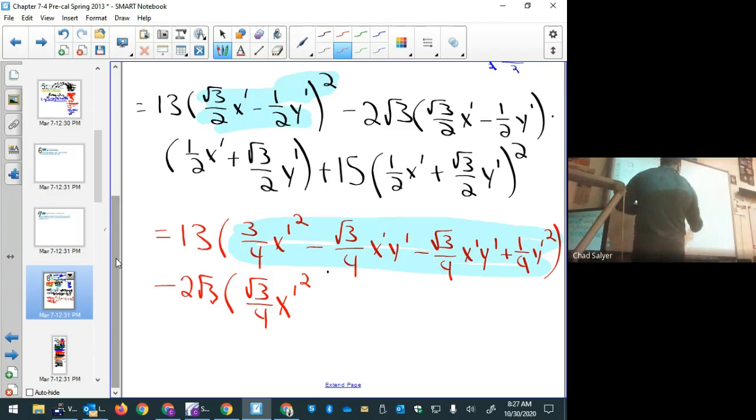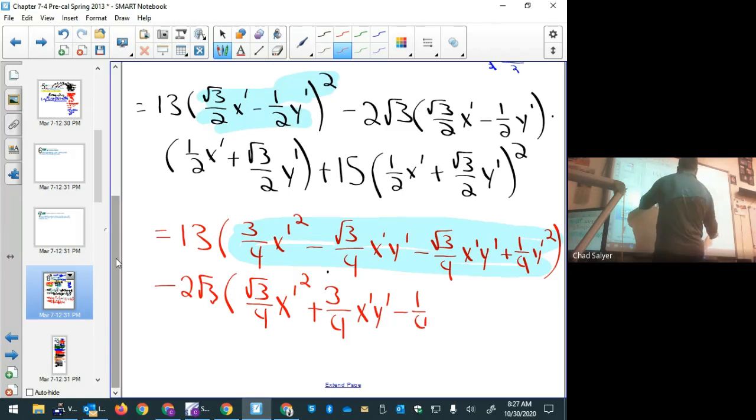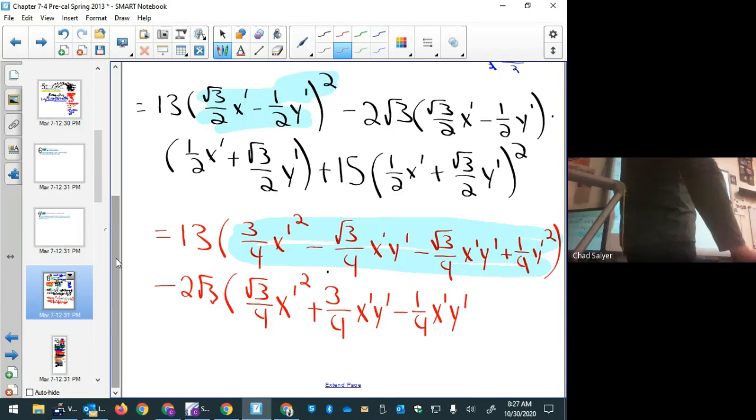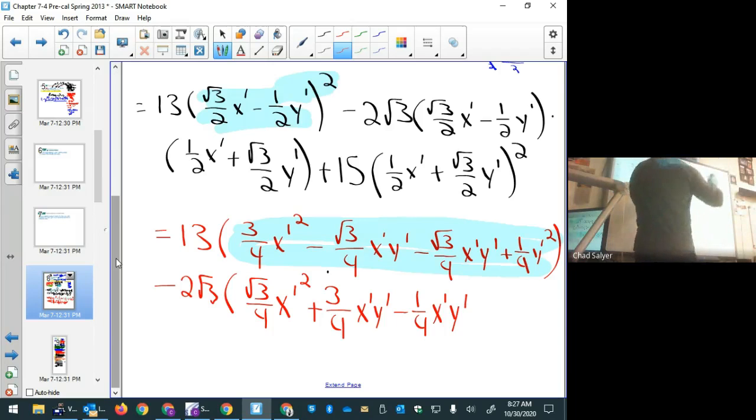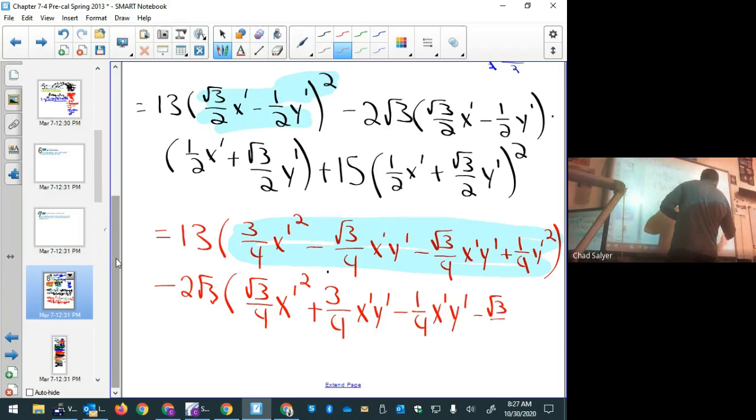So square root of 3 times the square root of 3 is 3. 2 times 2 is 4. And then x prime y prime. So that's outer times outer. Inner times inner is going to be negative 1/4 x prime y prime. That's inner times inner. And then last times last, negative radical 3 over 4 y prime squared.